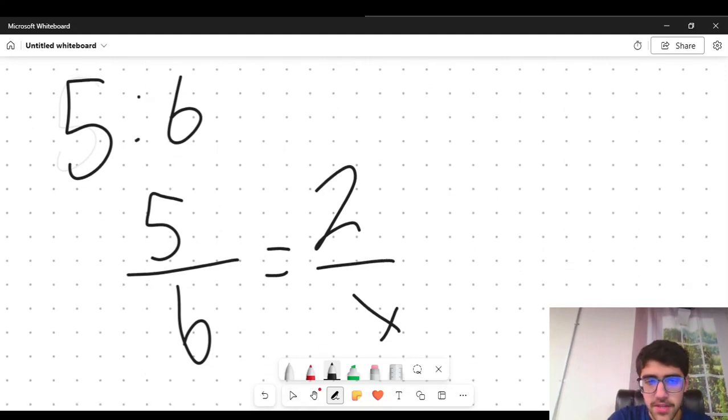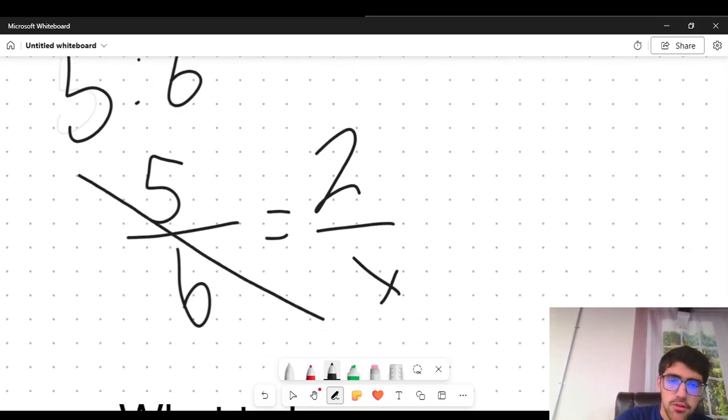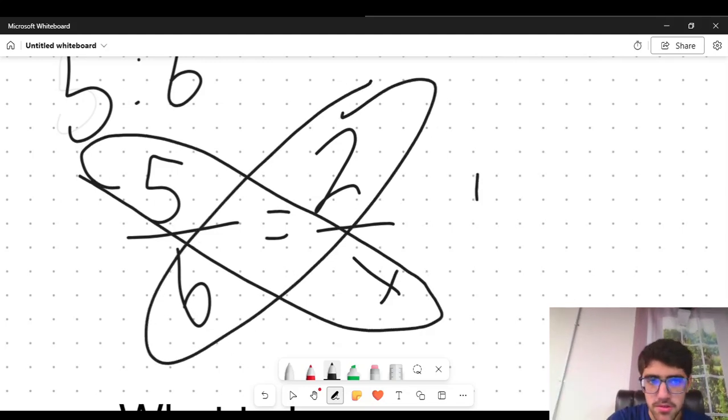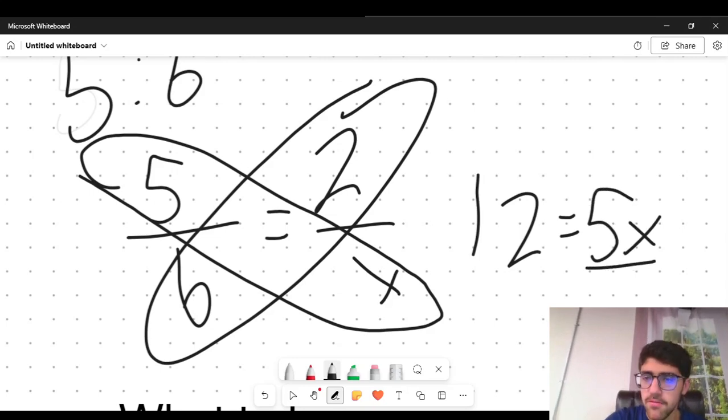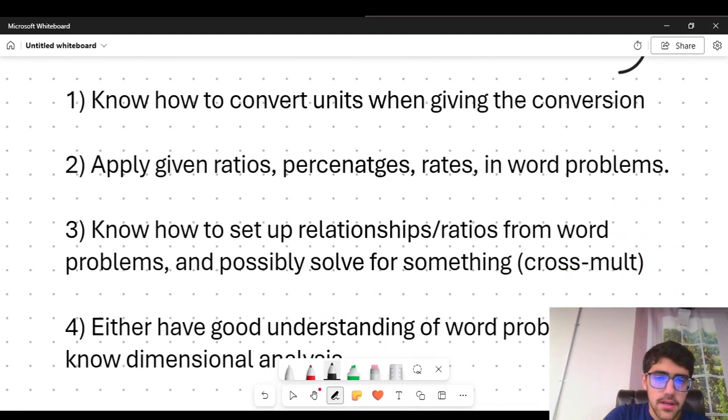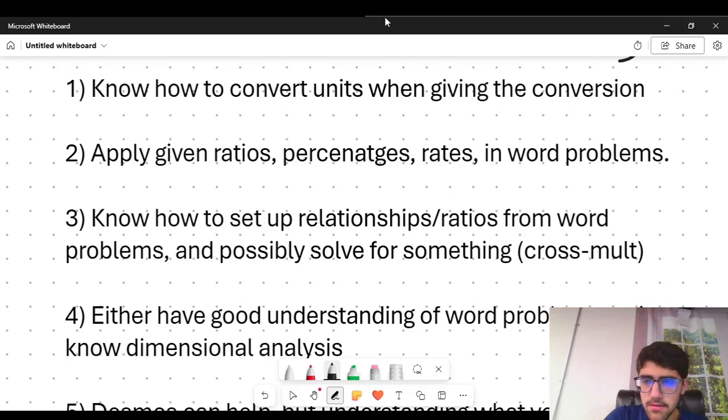A good skill for this would be to cross multiply. You literally multiply this by this, and you set them equal. So 6 times 2 is 12, equals 5 times x, which is 5x, and then from there you can solve for x very easily. So to solve for something, cross multiplication helps.